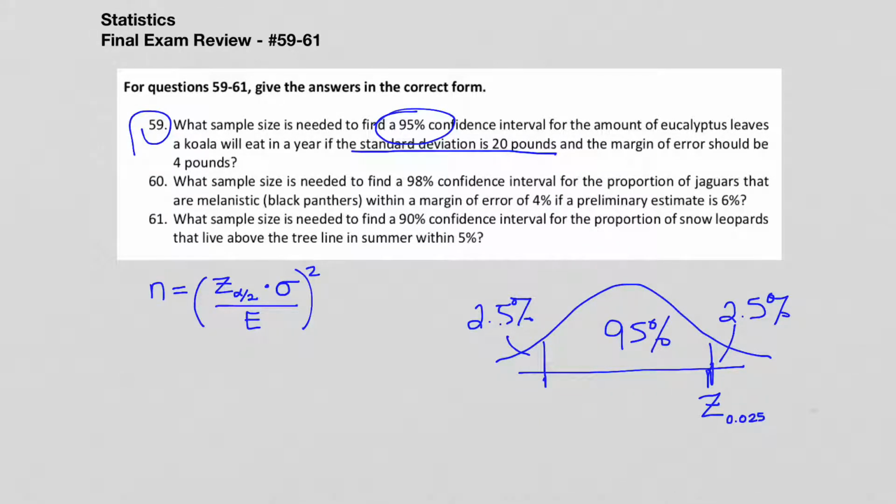I can do that with the calculator by finding inverse norm of 1 minus 0.025 with a mean of 0 and a standard deviation of 1. And this will turn out to be 1.96. So now I have my z value, and that's really the most complicated thing to find.